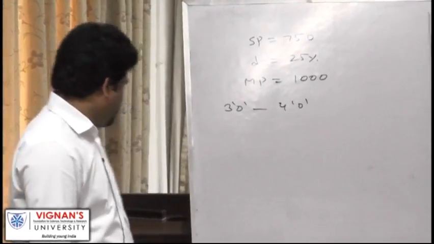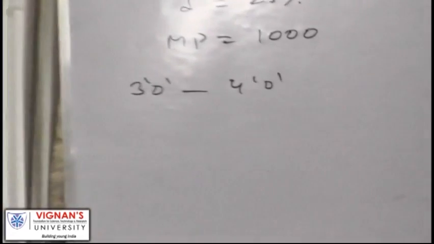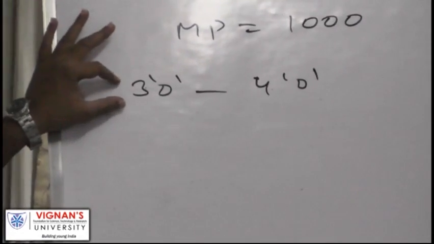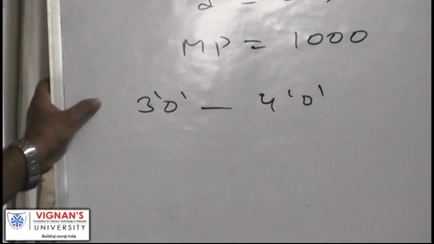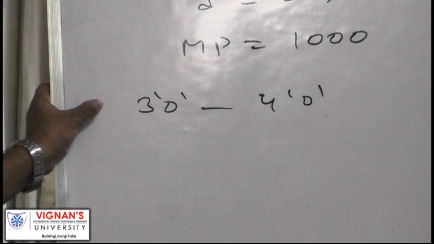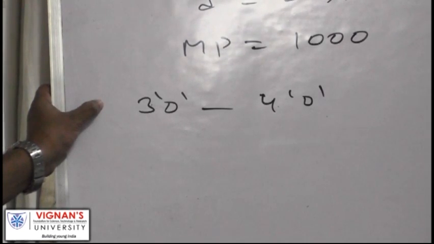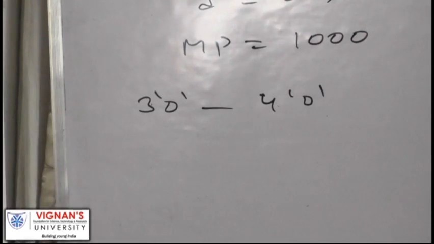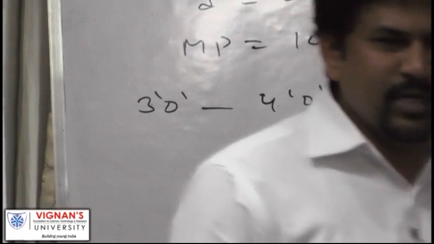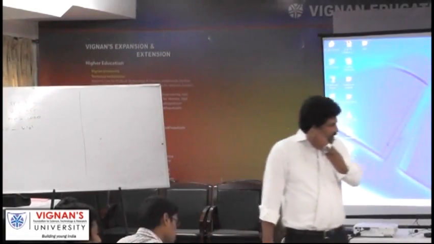Now, what is the base hour here? 3. Right? At 3 o'clock, take the initial hour. Where do you find the minutes hand when the time is 3? 12. Right?